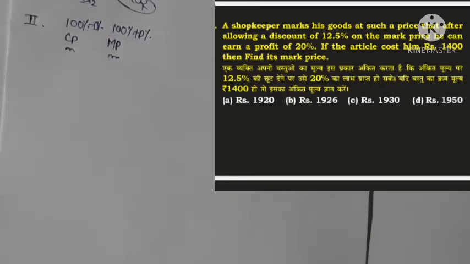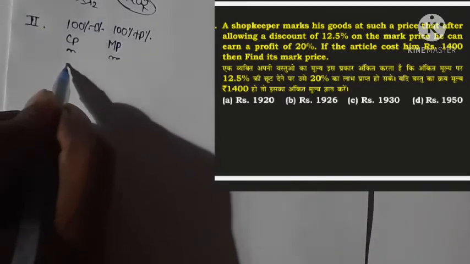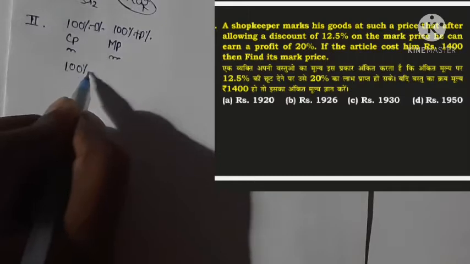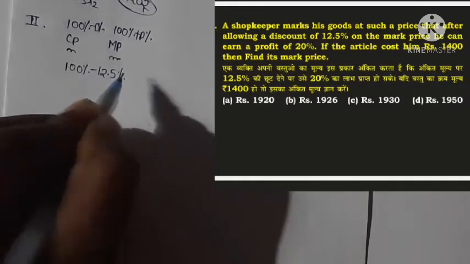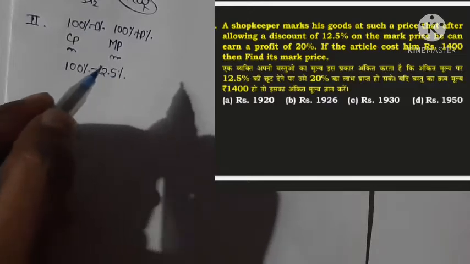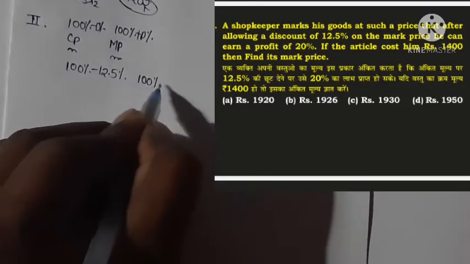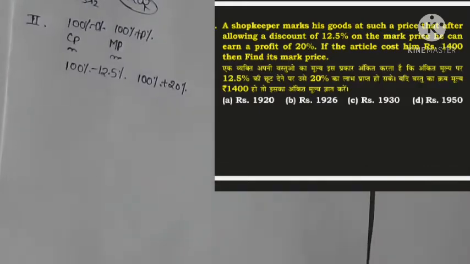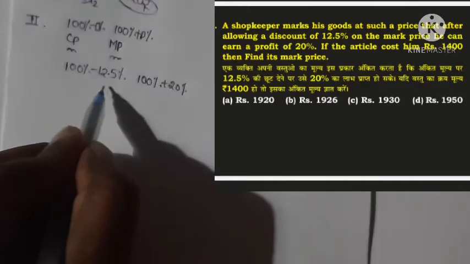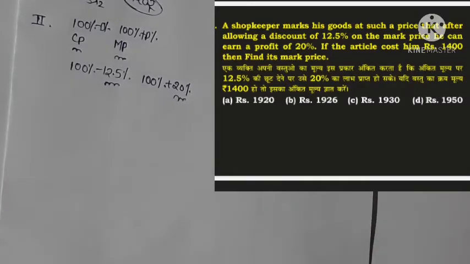See, the discount is 12.5%, so 100% minus 12.5%. If the profit is 20%, so 100% plus 20%. So instead of writing the percentages, it is better to write in fraction.